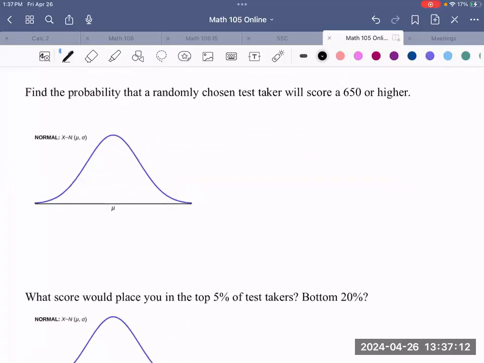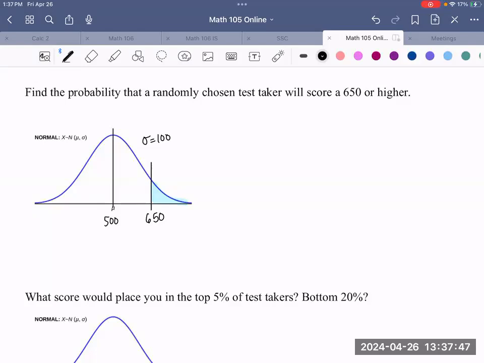So now let's find the probability that a randomly chosen test taker will score a 650 or higher. So we still have the same context, so 500, standard deviation 100. Now we're looking at 650 or higher. So we want this amount right here. Okay, so there's one of two things that we can do, right? So we can still use our Z table and whatever, like that's not our big thing, right?